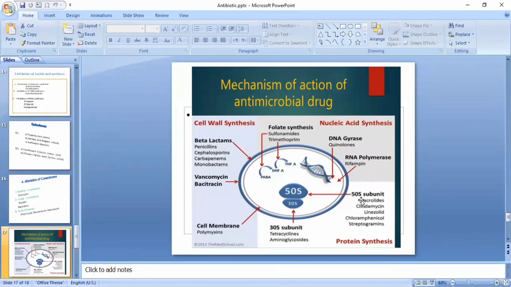I have described those which act on the 50S and those which act on the 30S. They inhibit protein synthesis, and the fourth one is the inhibitors of the cell membrane. So these are the four groups of antibiotics: cell wall synthesis inhibitors, nucleic acid inhibitors, protein synthesis inhibitors, and cell membrane inhibitors, which alter the cell membrane.